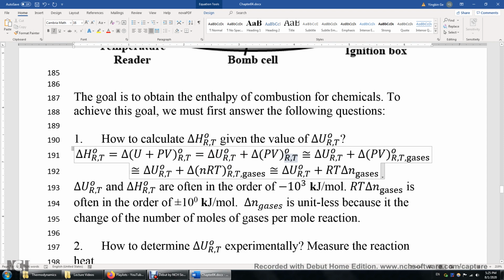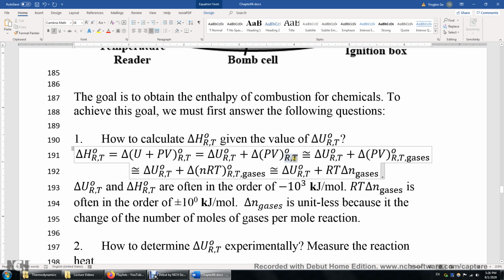It's very difficult. However, one thing we know, this is the change of the product of PV. If we have solids, liquids, and gases in a system, the PV change of liquids and solids is negligible because the volume of liquids and solids is negligible compared with gases.